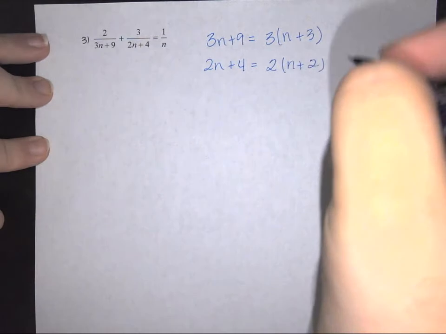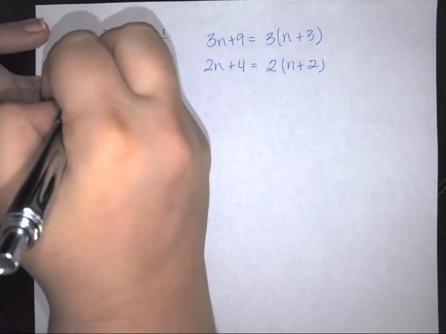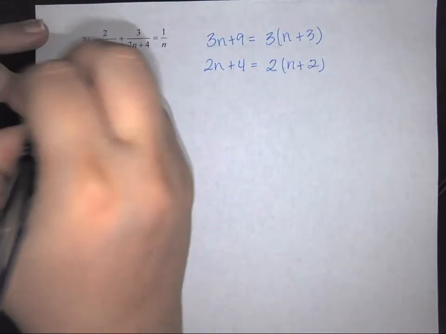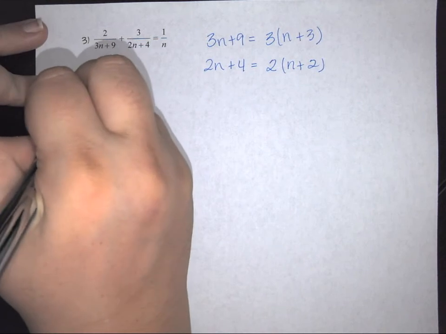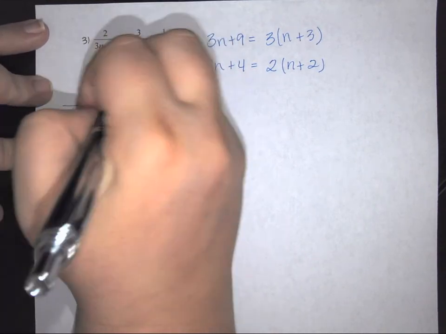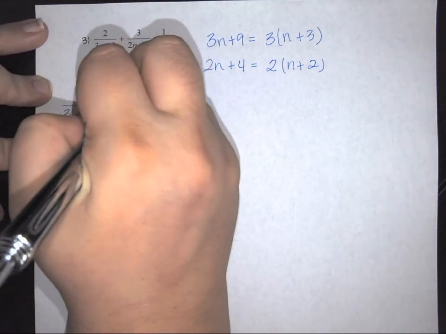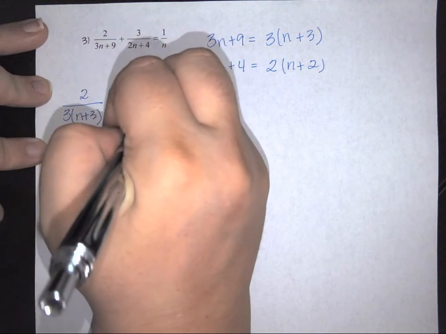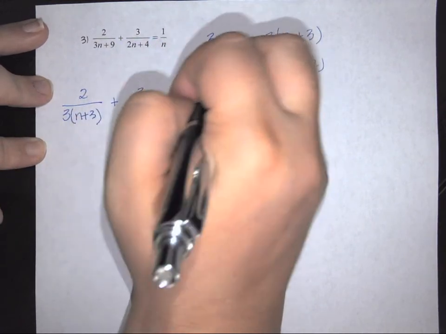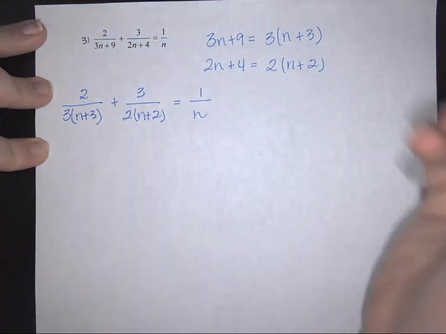So in this case, I've got 2 over 3 times n plus 3, plus 3 over 2 times n plus 2, is equal to 1 over n.